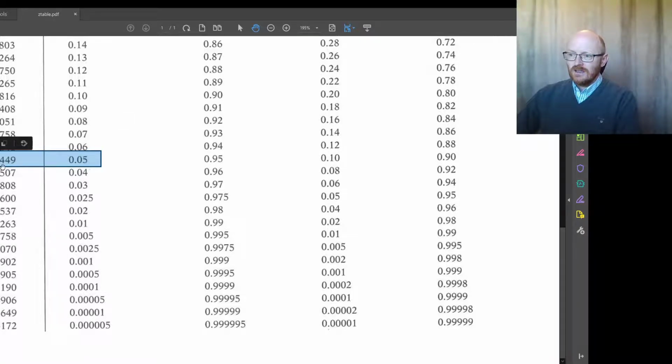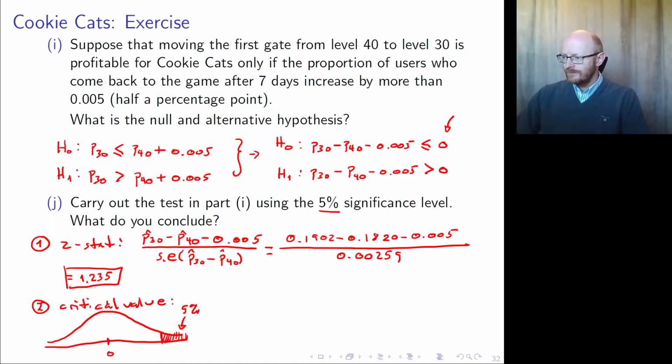which means that our cutoff value is 1.64 standard errors away from 0. Okay, and we can use that 1.64, which means that, from the table, the critical value is 1.645.